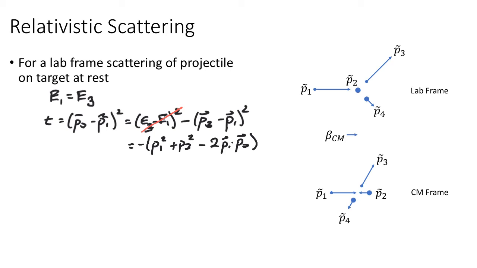And since the magnitude of P1 and P3 are the same, and we can do the dot product, that's the momentum of the particle in the center of mass. That's 2 times P center of mass squared. That's either P1 squared or P2 squared, P3 squared. And then times 1 minus cosine of the angle between P1 and P3 in the center of mass.